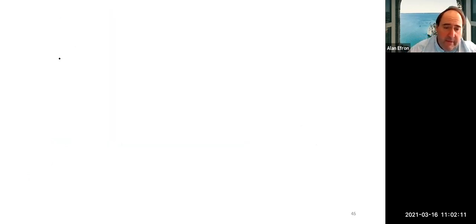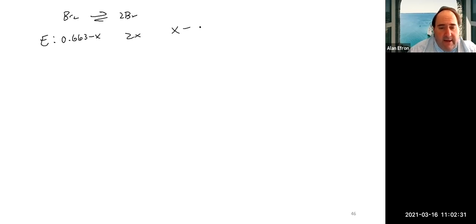0.513, which means if we look at our equilibrium line from the table for our Br2, just rewriting it here, 0.663 minus x. And for our Br, we had at equilibrium 2x. We've now determined that our x value is 0.513.